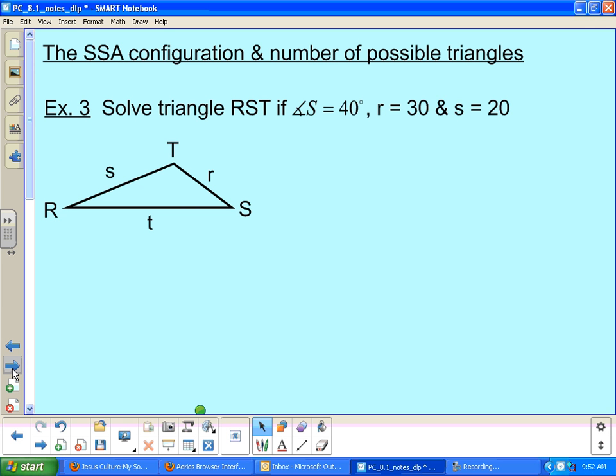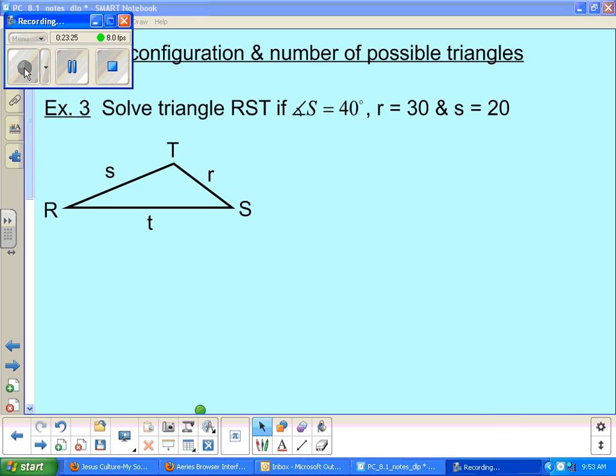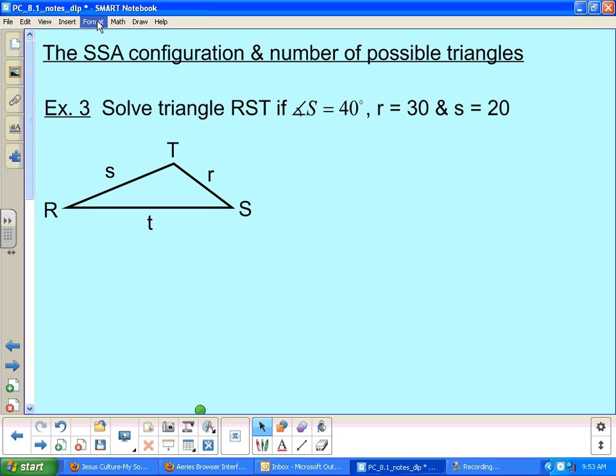So that's the goal. This next setup, the SSA setup, is the one that we have to pay attention to for the possibility of either no triangles at all, or one or two.